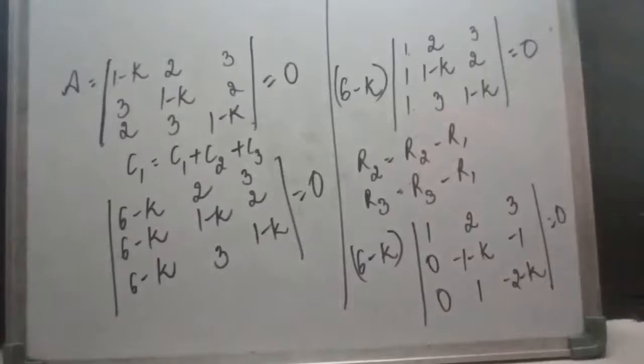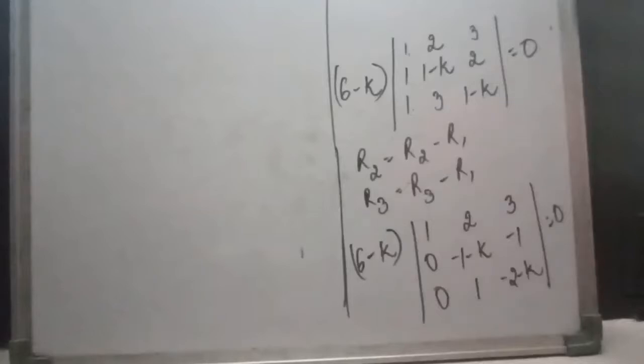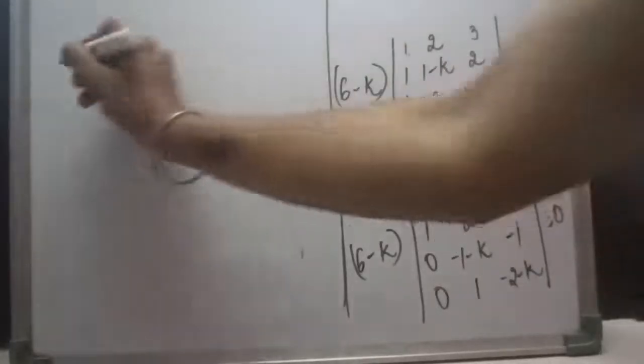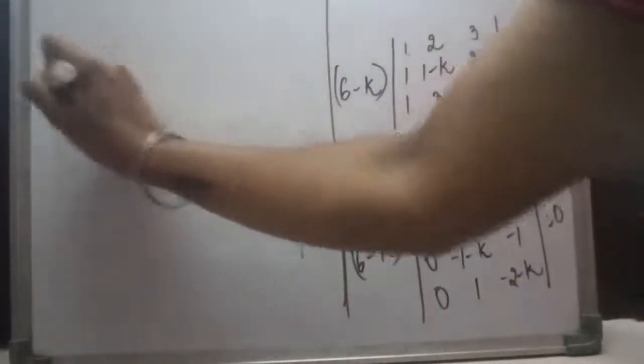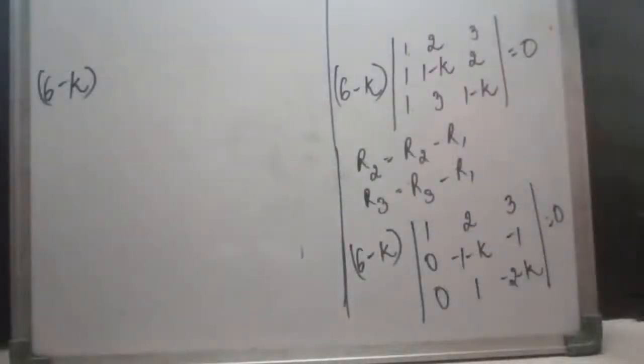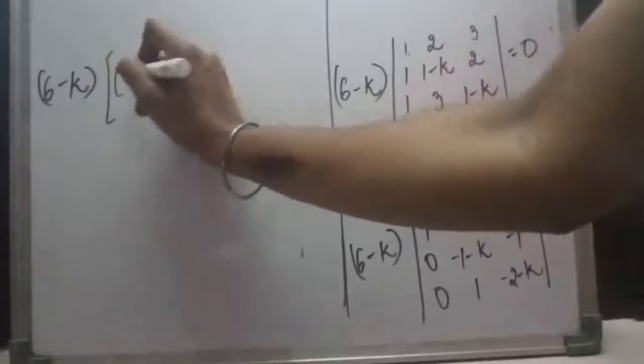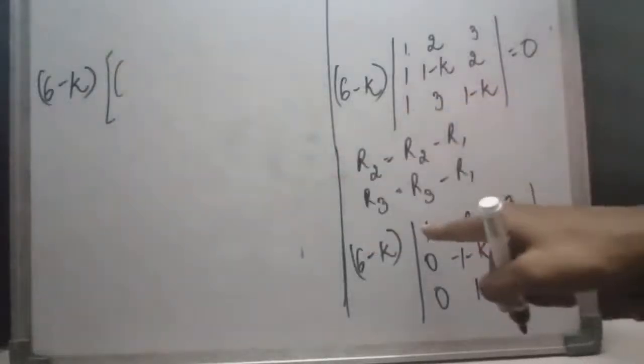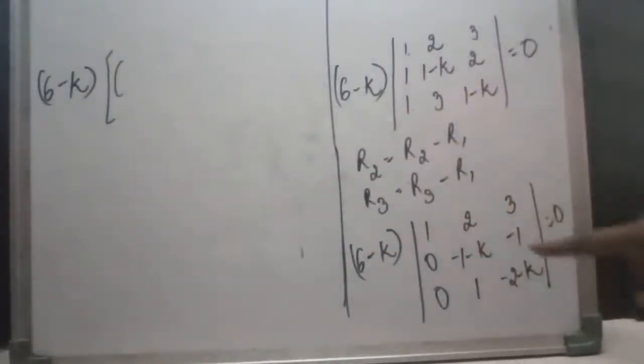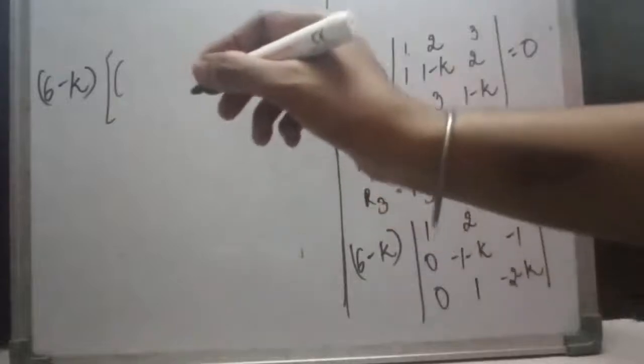So next what will I do? I will be taking the determinant of this. Let us see the answer. So now I will be taking 6 minus k, that will be there outside only, and here when I take the determinant, 1 will be outside and this will be cross multiplied. So ultimately I am going to cross multiply.